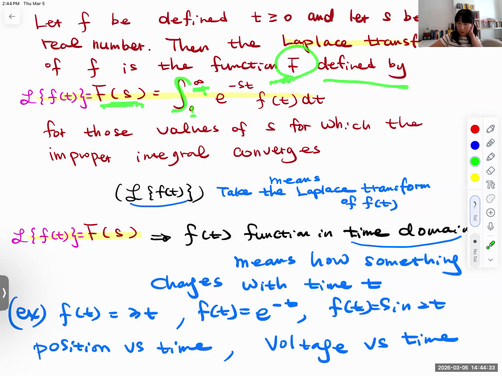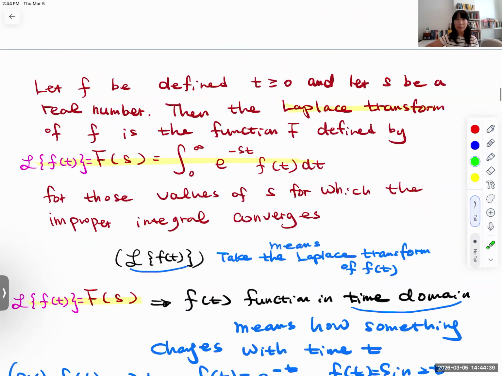Not a to infinity; we fix 0 to infinity.